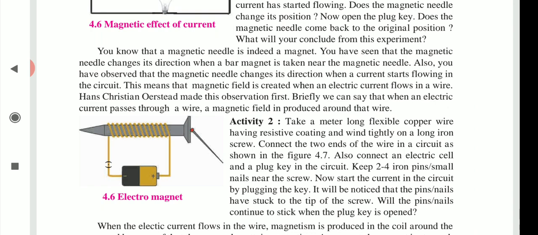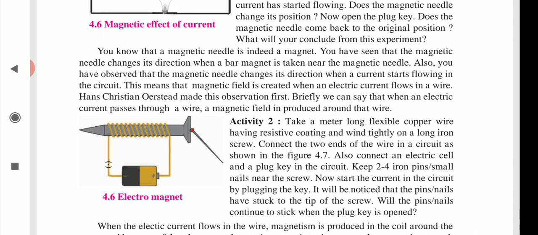Now see, when the electric current flows in the wire, magnetism is produced in the coil around the screw. Because of that, the screw also attains magnetism, and due to this magnetism, the pins are attracted towards the screw.